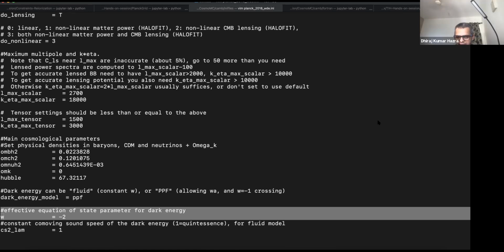Any student who has not been able to do it, please write it immediately. All right. Open planck 2018 WDE.ini. Change output root from baseline to WDE.